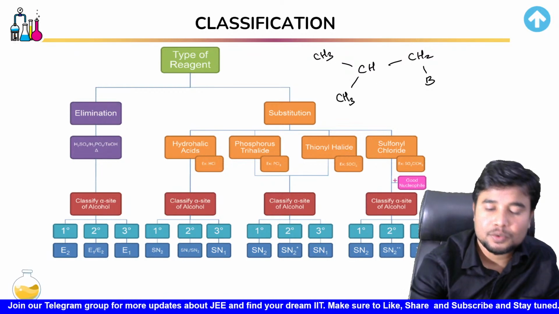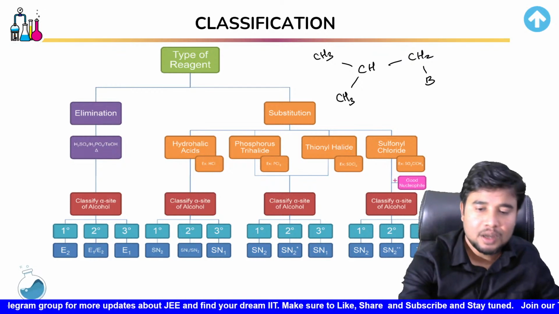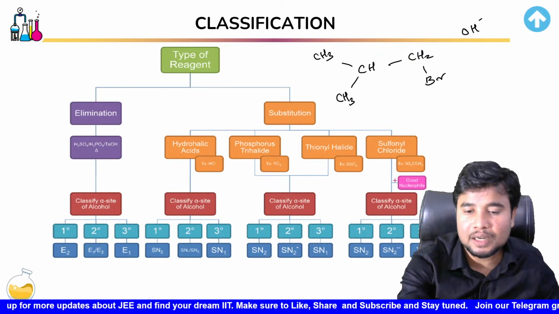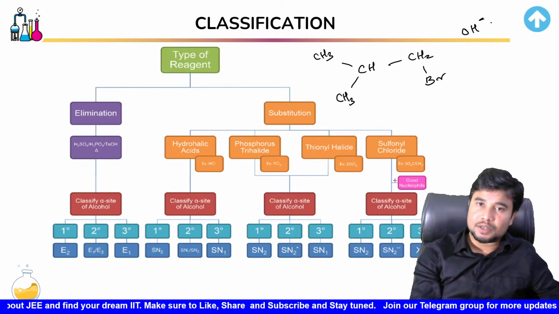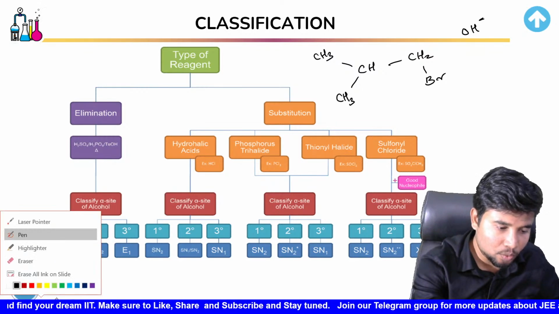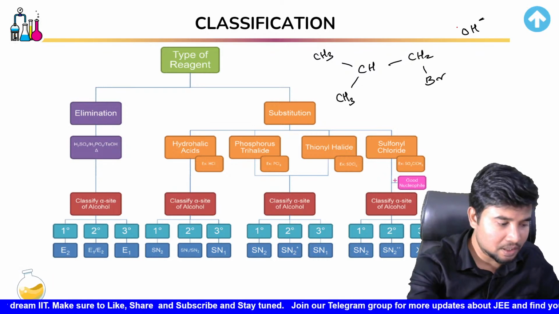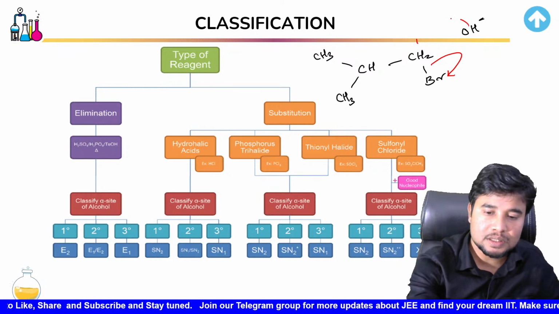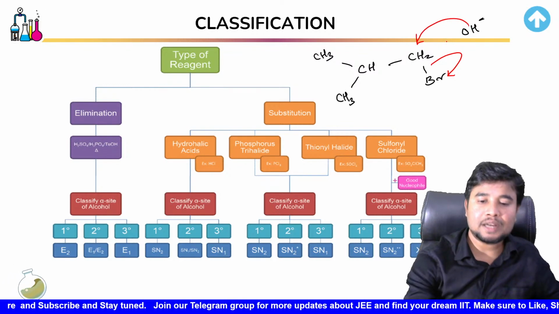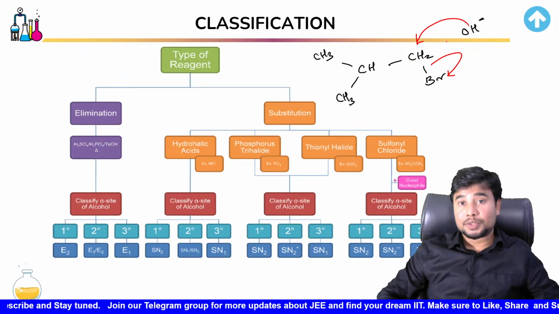Let us just say that you have a leaving group and you are supposed to react it with OH minus. OH minus has multiple options here, children. One easy option is that OH minus could attack over here and Br can leave, right? So this is a simple reaction which is called a substitution reaction.